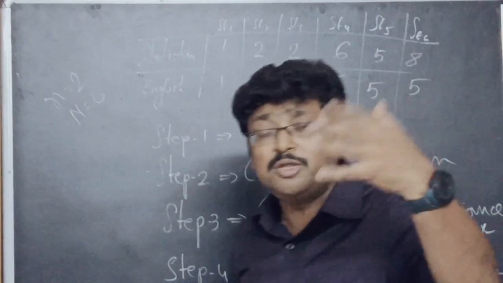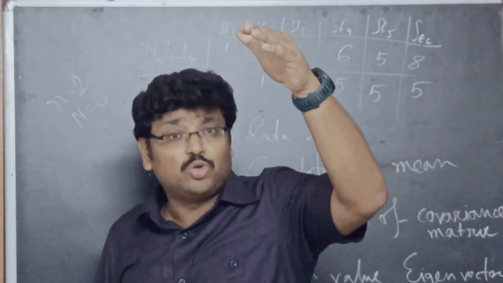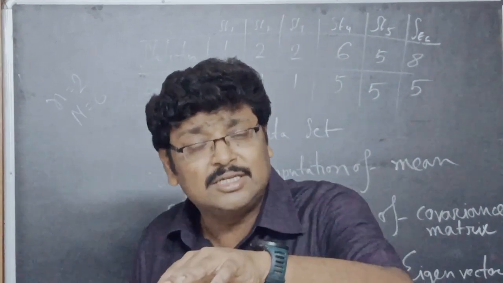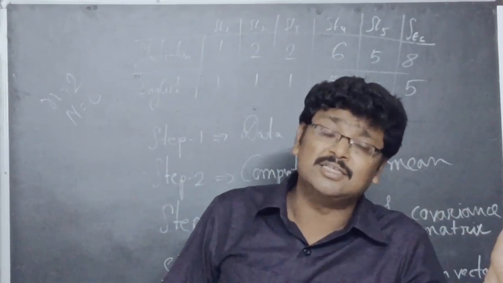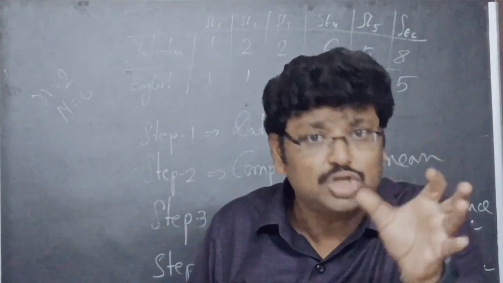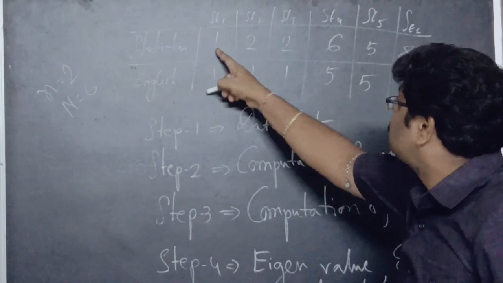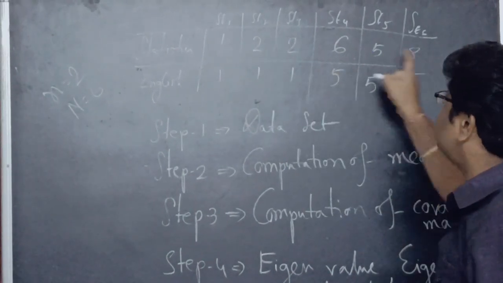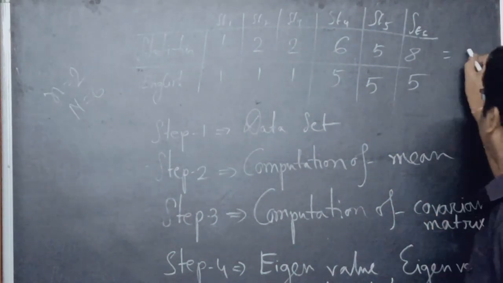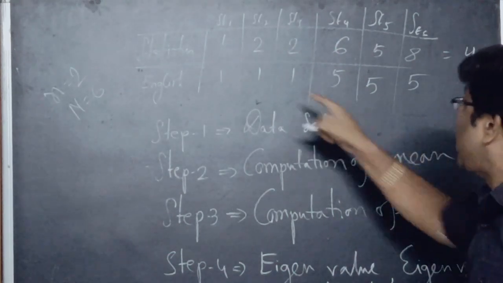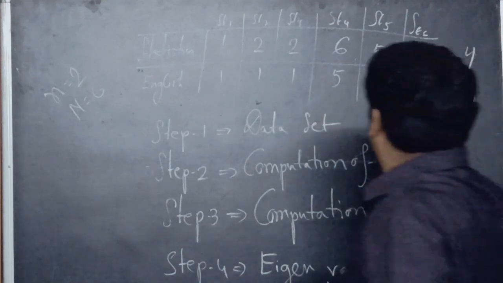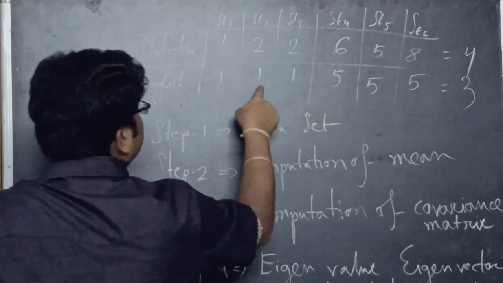Mean, as I have mentioned in my theory, is taken over the projections of all the points on the horizontal axis as well as the vertical axis, and we have to take the mean of these projections. In statistics 1, 2, 2, 6, 5, 8, the mean is 4, and the mean of English is 3.